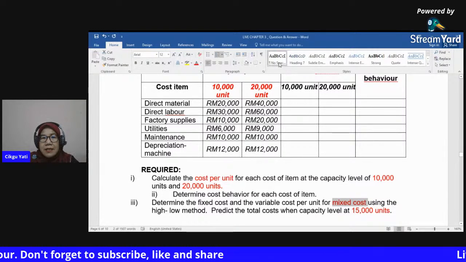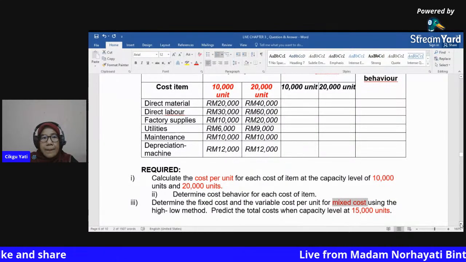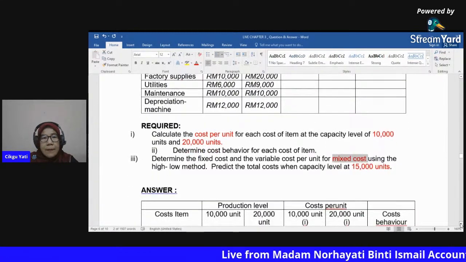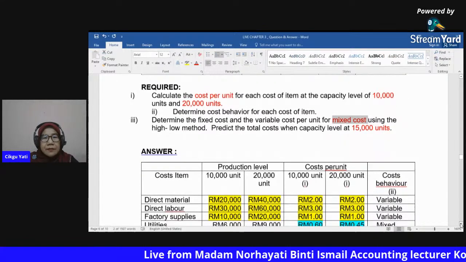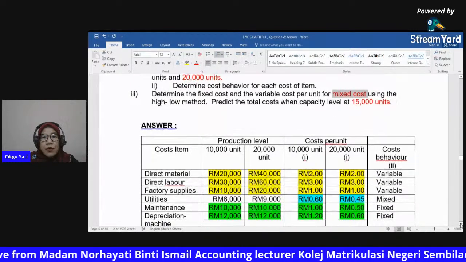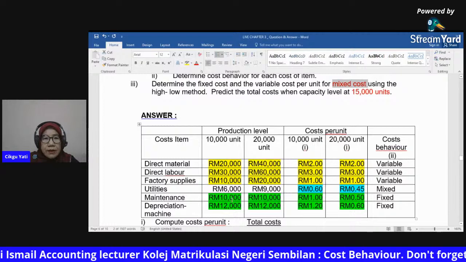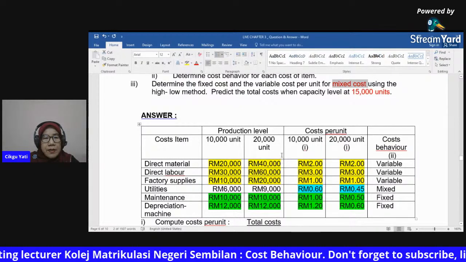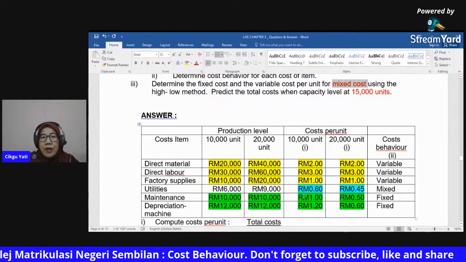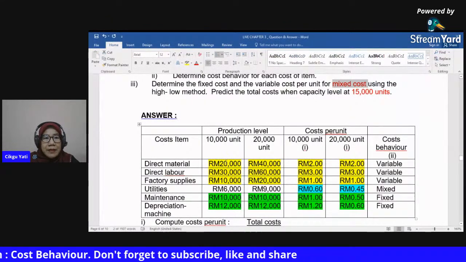Okay, this is the answer. Look at the answer now. You must understand this table. You look at the answer for the cost in total. This one we call cost in total, and this one cost per unit. Number one, direct material.